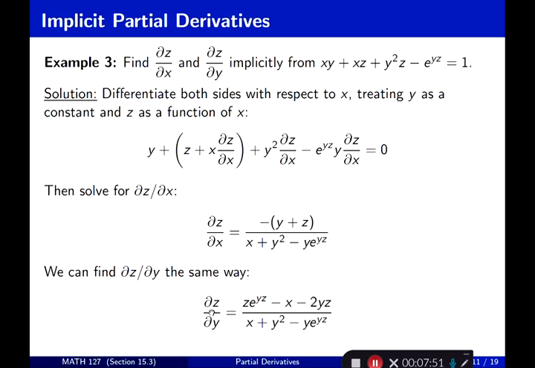And the answer is going to be partial of z with respect to y is equal to z e to the power yz minus x minus 2yz over x plus y squared minus y e to the power yz.